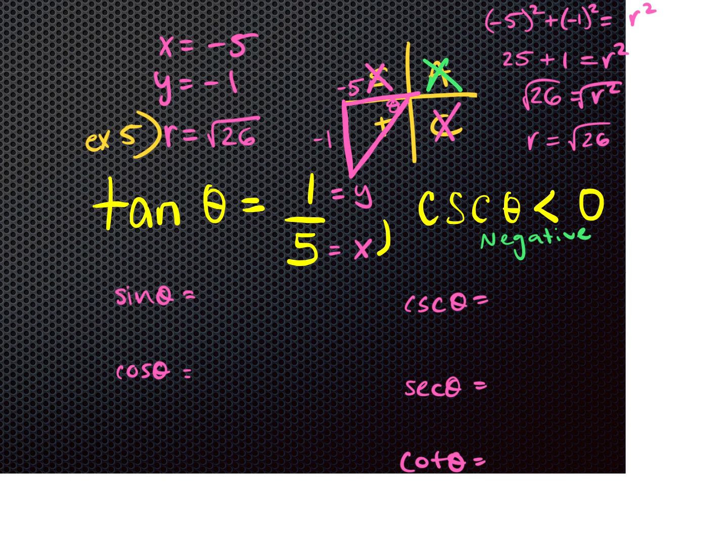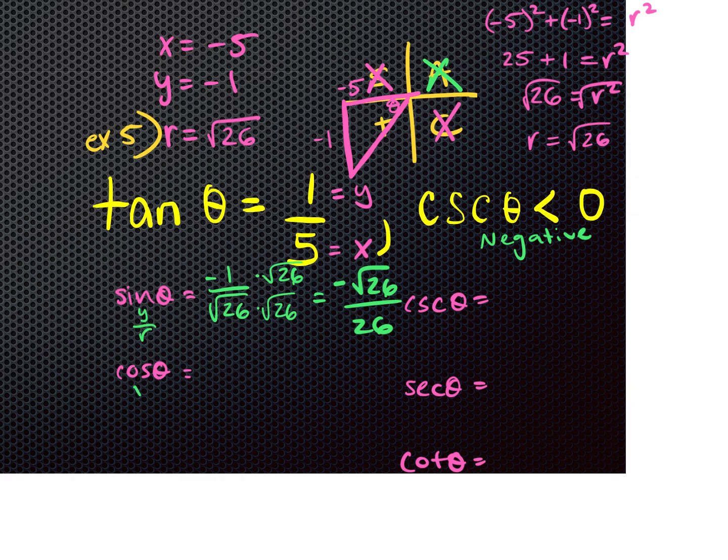So sine, in terms of x, y, and r, is what over what? Y over r. So our y is -1 over square root 26. Can we leave our answer like this? No, we got to rationalize. At this point, you guys should be professionals at rationalizing. So we get negative square root 26 over 26.